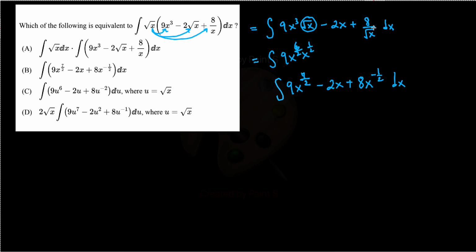And if you left it like this, you should be able to recognize that as x to the negative half, that 1 over x to the half, and then you bring it up and it becomes negative. Now, which one says this here? It's B, right? And we're done with that one. And again, it's just algebraically manipulating the inside of that integral there.